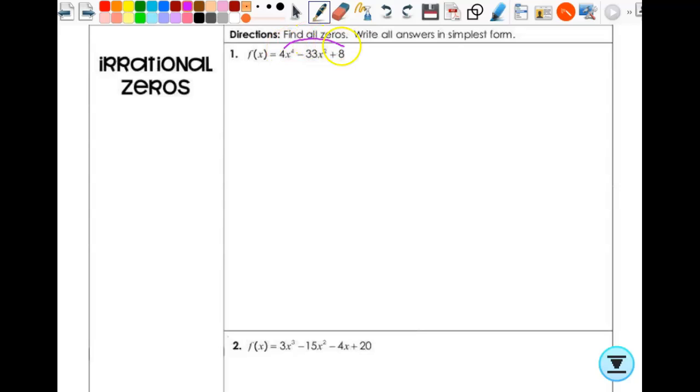So when I multiply 4 times 8, it gives me 32. Because a is not 1, I can't just start with my little parentheses. Since I want to find my zeros, I'm setting this function equal to 0. And then I'm going to split that middle term, so 4x to the 4th. Two numbers that multiply to give me 32, combined to give me a negative 33, will be negative 32 and negative 1. So 4x to the 4th minus 32x squared minus x squared plus 8.